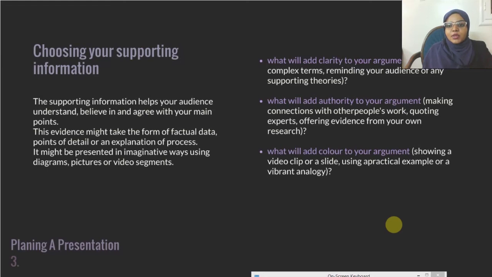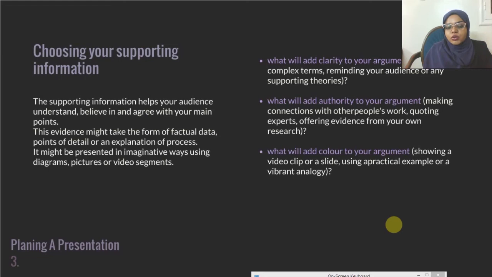For example, explaining complex terms or reminding your audience of any supporting theories. And what will add authority to your argument, like making the main points more coherent by quoting or offering evidence from your own research and so on.